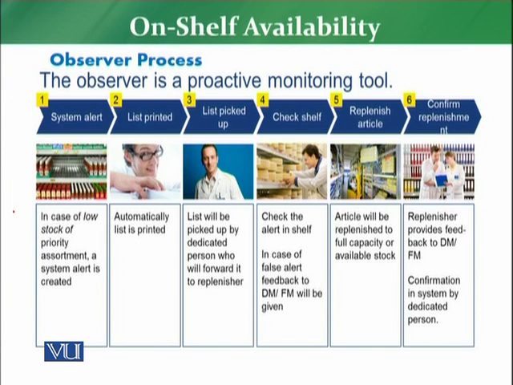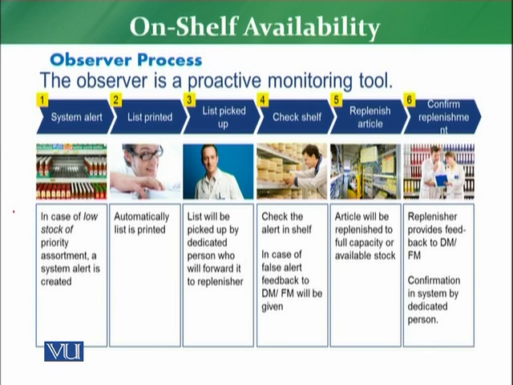Then, as I was discussing, in order to replenish, you have an observer process, which is a proactive monitoring tool. This observer will help you identify how and at what time you have to replenish a particular article or SKU. It tells you how much time it would take to reorder, and how quickly you have to receive that product and make it available on the shelf.